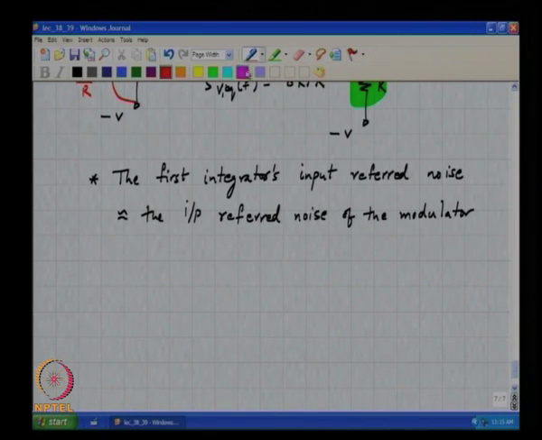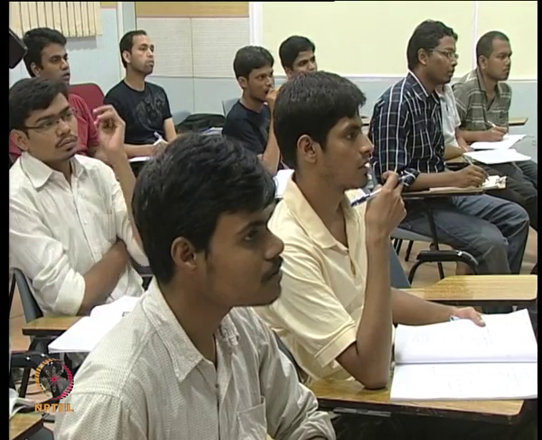Now, we have several noises to deal with, right. The total noise at the output of the modulator consists of two components. What are the two components? I mean, you are taking this and embedding it inside a sigma delta loop, correct?